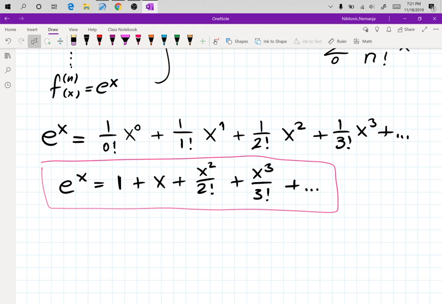Cool? Keep the first 3 or 4 terms for a good approximation.